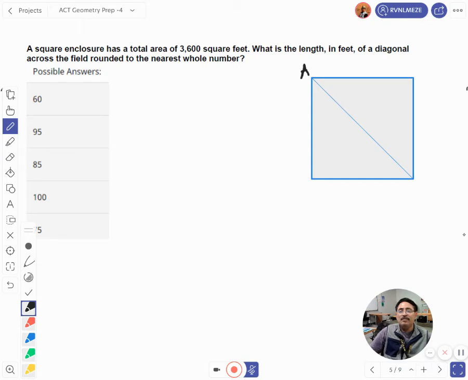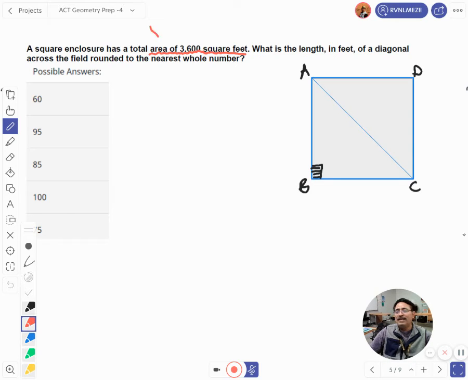Let me label this one as A, B, C, D. I hope you remember that all the four corners of a square are right angles, which means 90 degrees. Okay. First of all, it's given that the area of the square is 3600 square feet.